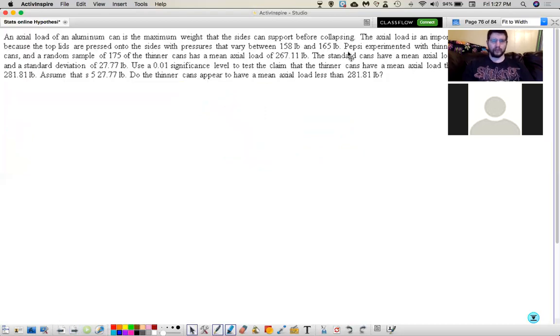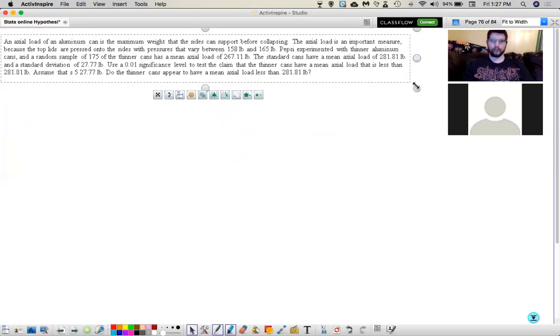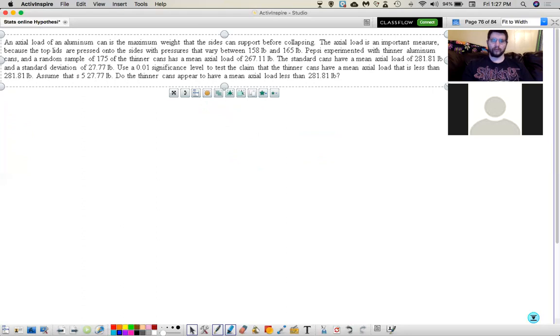Okay, let's see what kind this one is. An axial load of aluminum can is an important measure. Top loads are pressed on with really high pressure. Pepsi used thinner cans, and a random sample of 175 thinner cans has a mean axial load of 267.11 pounds.